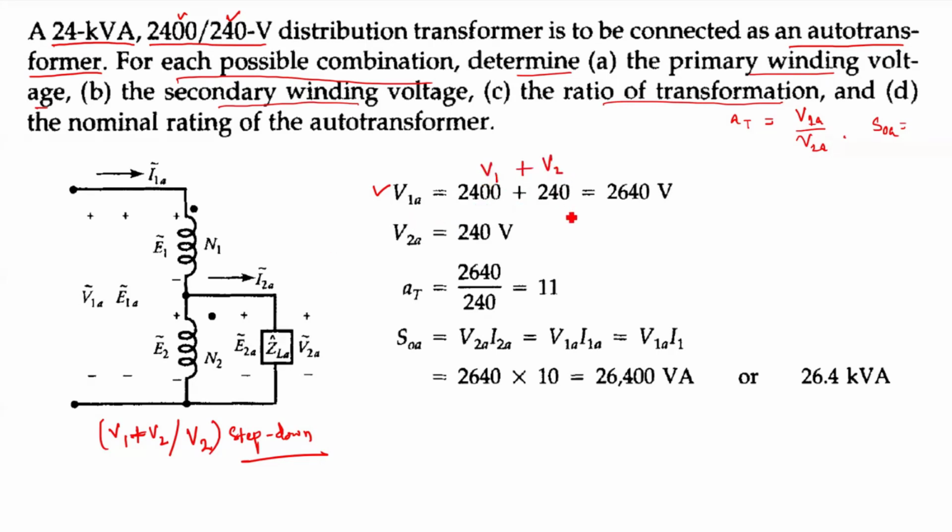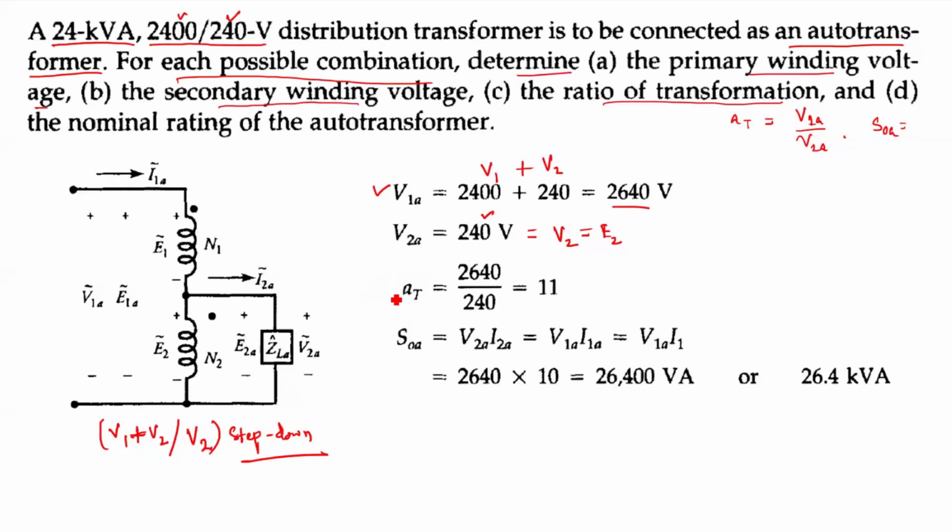So that will be 2400 plus 240, that gives me 2640 volt, right? Similarly, V2A is nothing but it is equal to your V2 or E2, whatever you can write. Under ideal condition, E2 equal to V2. So it will be 240 volt.